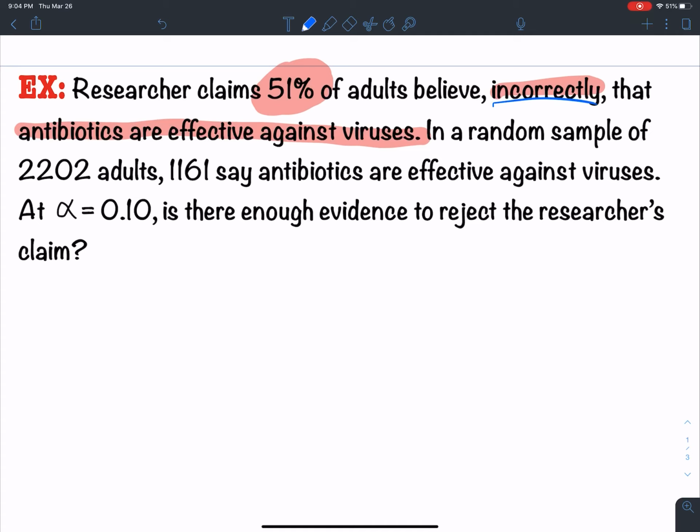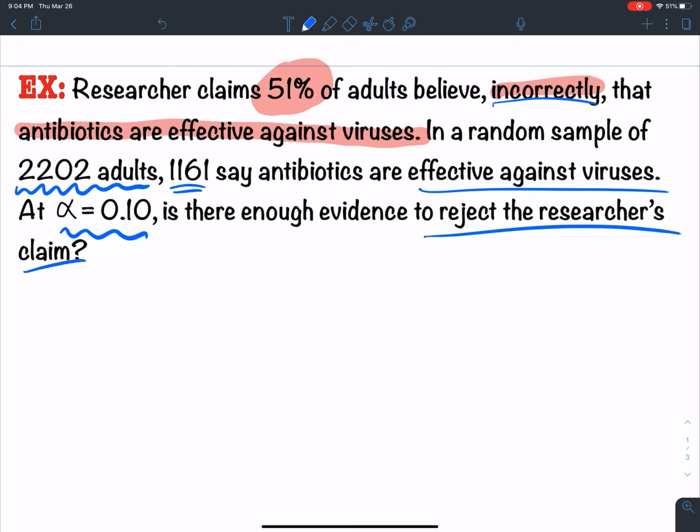Now, in a random sample of 2,202 adults, 1161 say that antibiotics are effective. At alpha equal to 0.10, is there enough evidence to reject the researcher's claim?